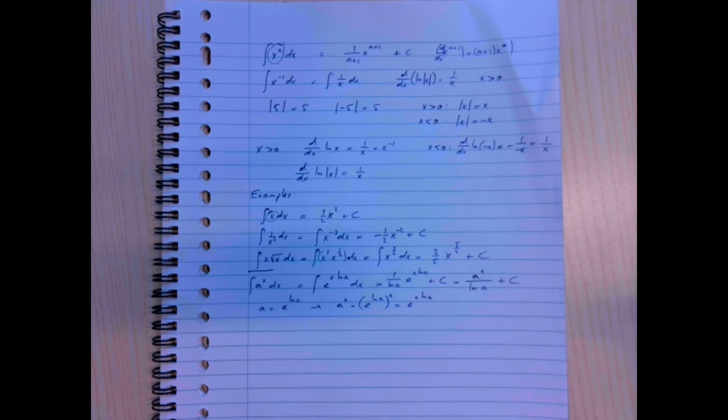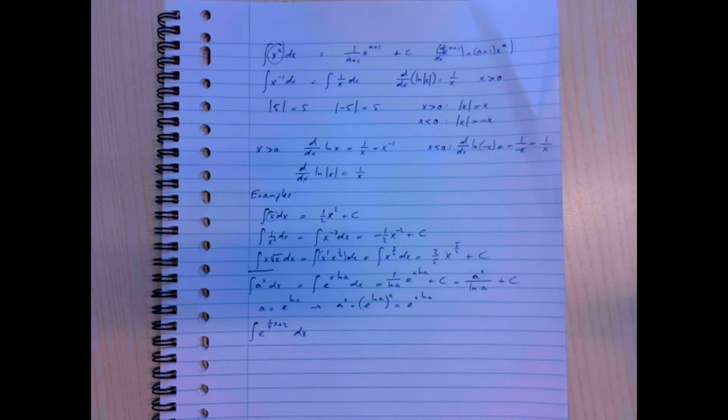So let's use our knowledge about the integration of e to the x by doing an example. The example here, which will also be on the slide again, is e to the power 1/4 x plus 2. This function we want to integrate.